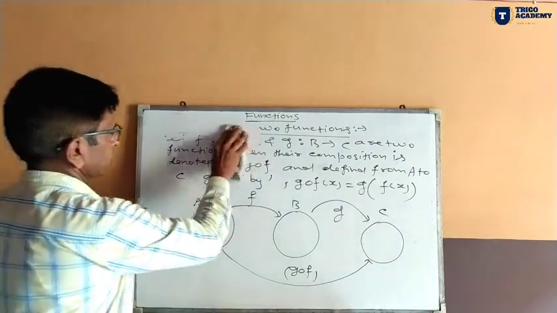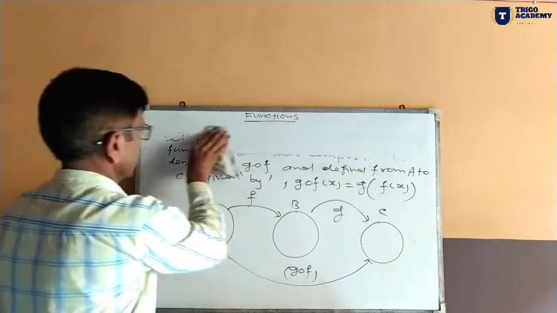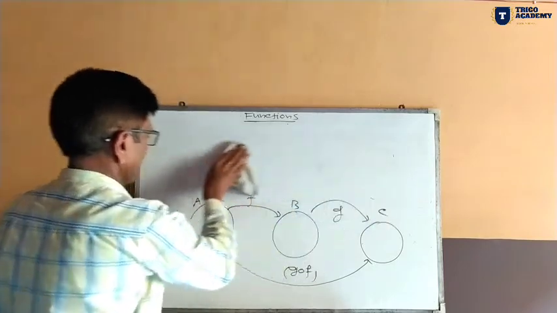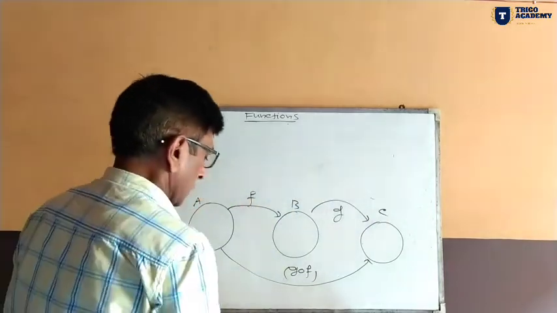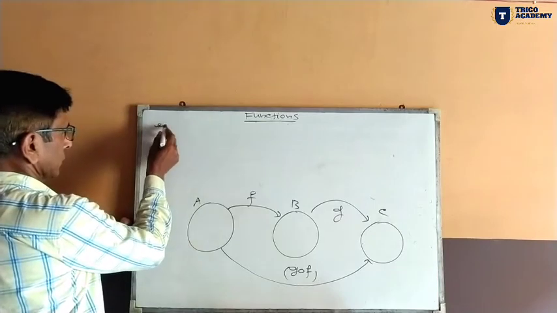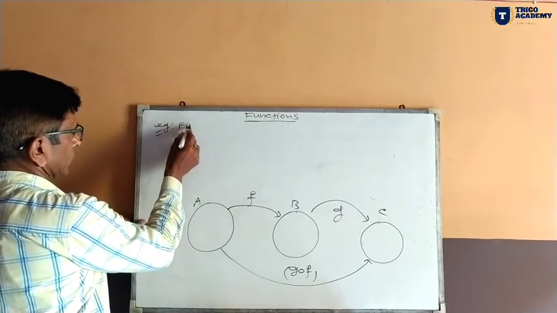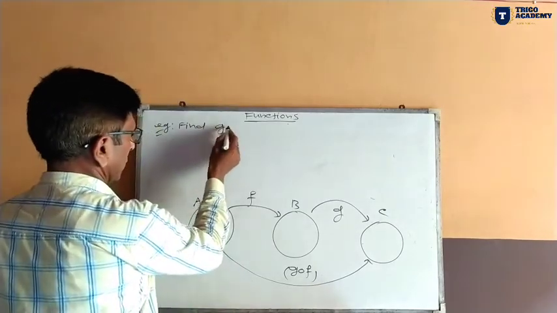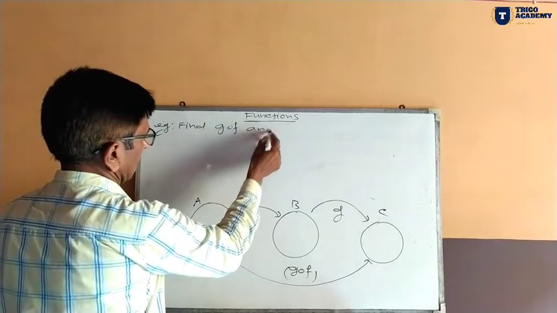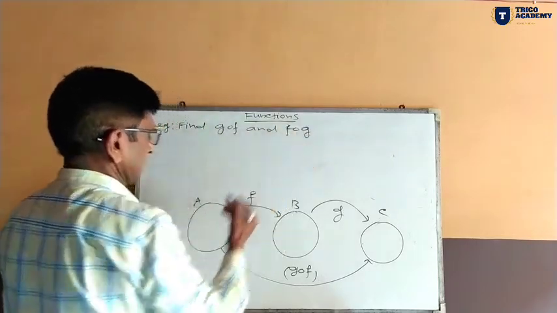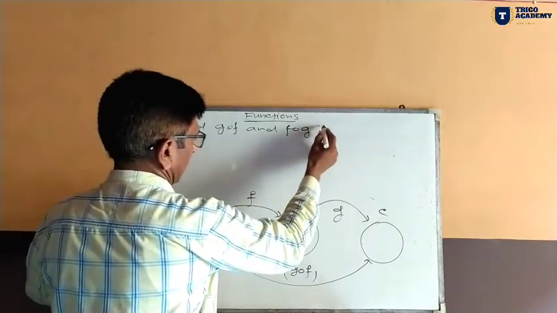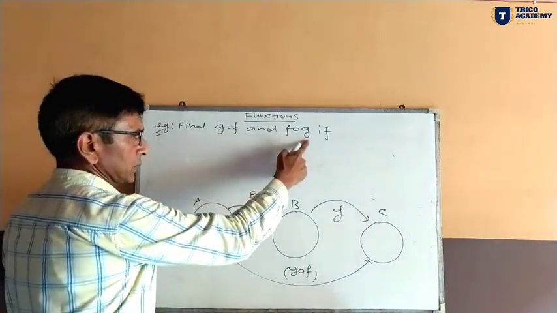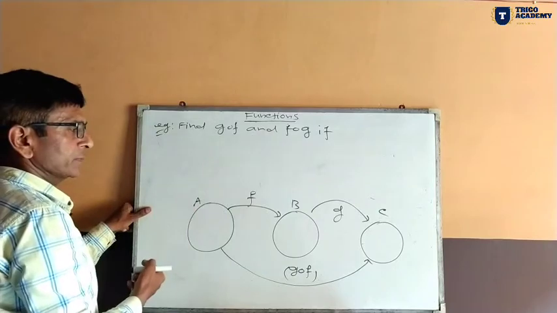Now an example of this. Find gof and fog if these gof and fog both are compositions of two functions.